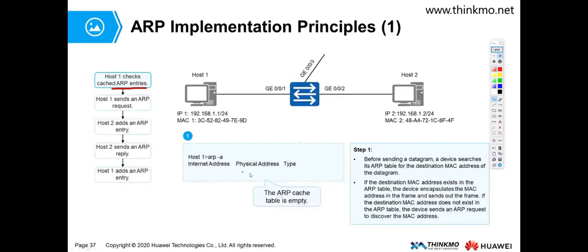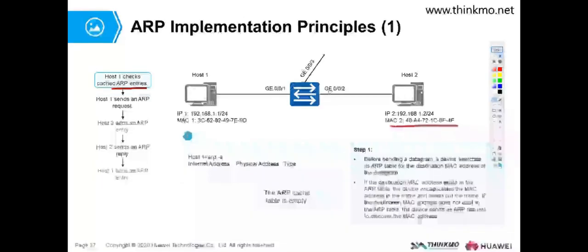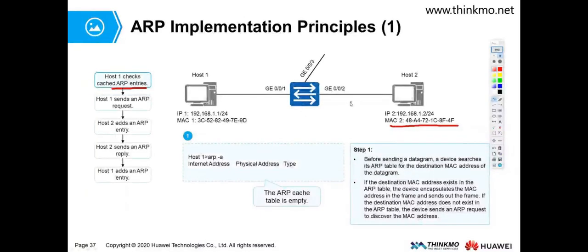But if my table doesn't have it, then my device will send an ARP request to find out what the MAC address of the other party actually is. In this context, the corresponding relationship between our IP address and MAC address, of course, won't be permanently stored in our ARP table. Within the validity period, our device can use the table to search for the target MAC address and then encapsulate it.